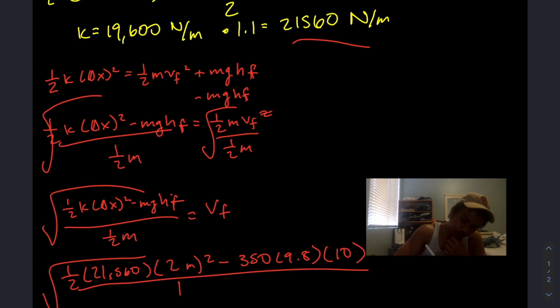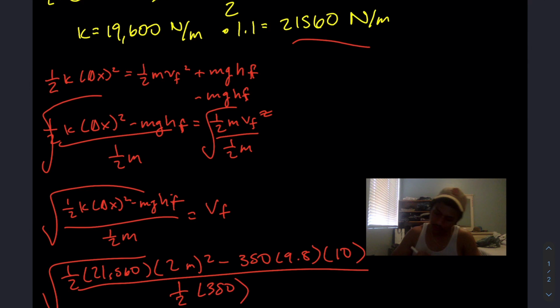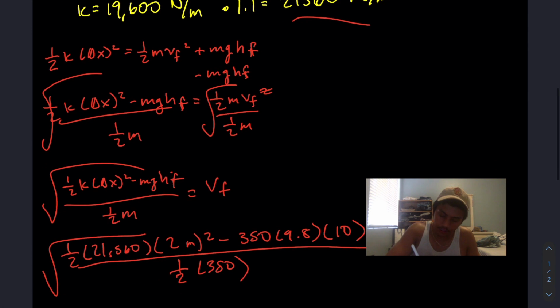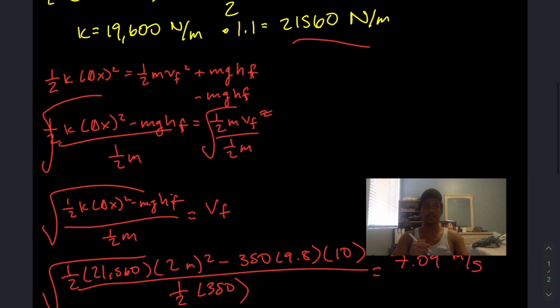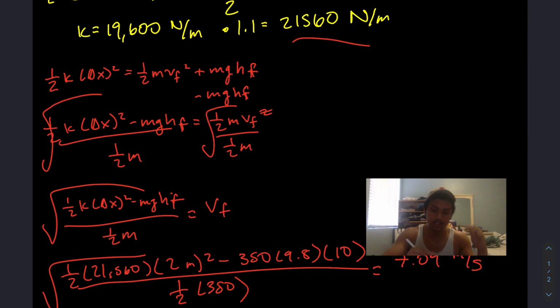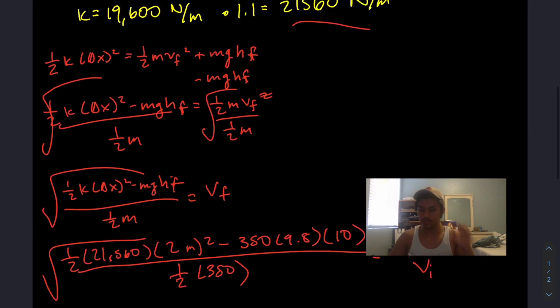This would be all over 1/2 times 350. And when you plug it in, you should get 7.09 meters per second. So this is the final velocity at the top, but for the system it's going to be your initial velocity. So this is going to be our v initial for the second part.